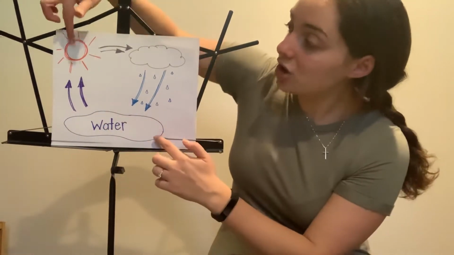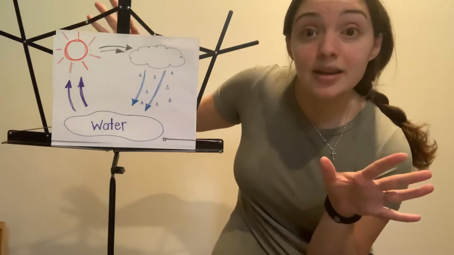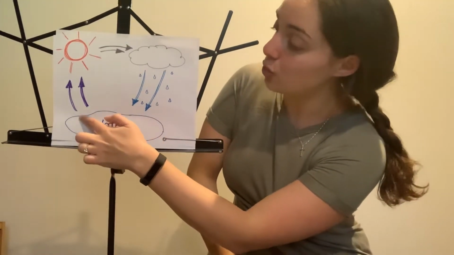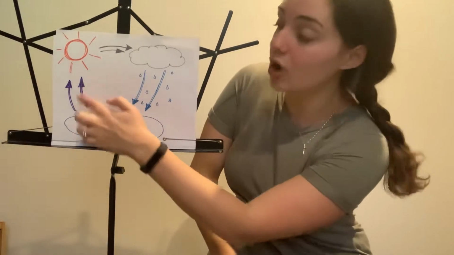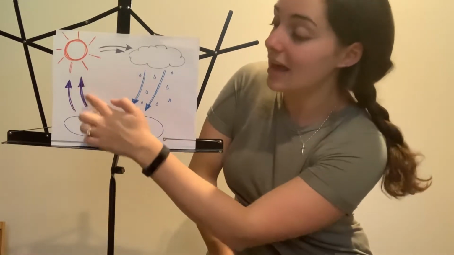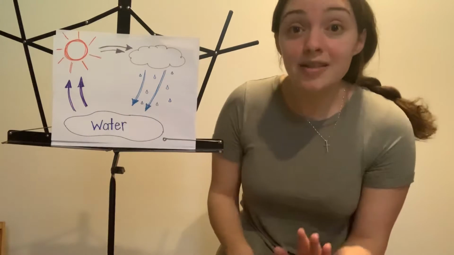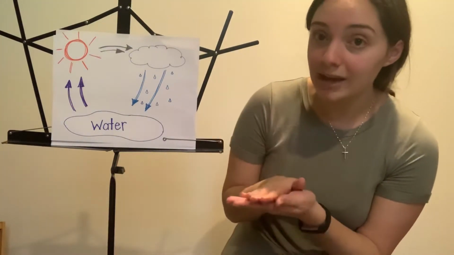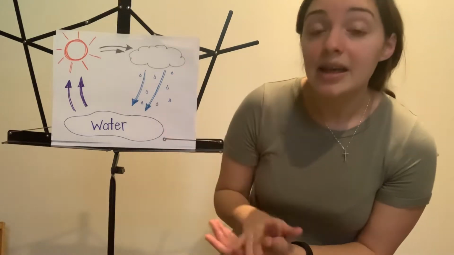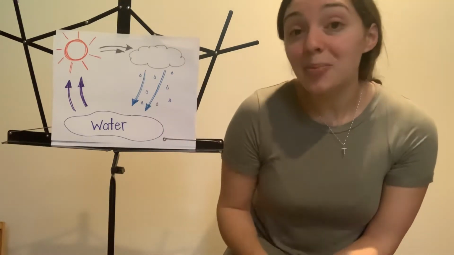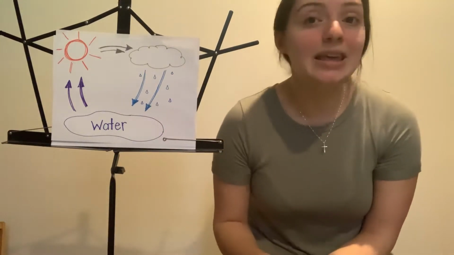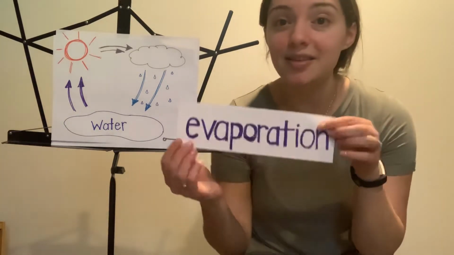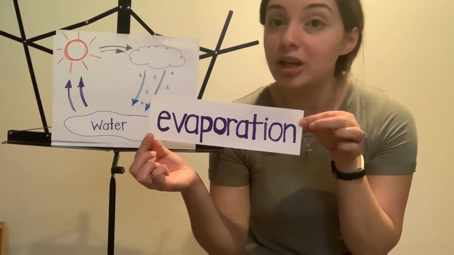Now the sun shines really bright and turns the water from a liquid to a gas, and the water droplets float up into the air. And this process where the water droplets go from the lake into the sky is called evaporation. Can you say evaporation? All right, and this is the word evaporation.